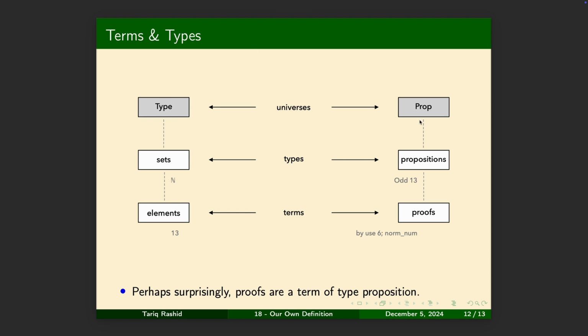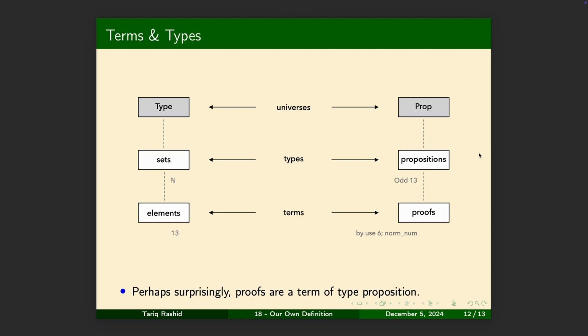So there's types and props. In the universe of types, you might have sets. So natural numbers, complex numbers, integers, and so on. So the natural numbers is a set, and it is a type. And within those sets, you might have elements like 13. So 13 is a term of type natural numbers.